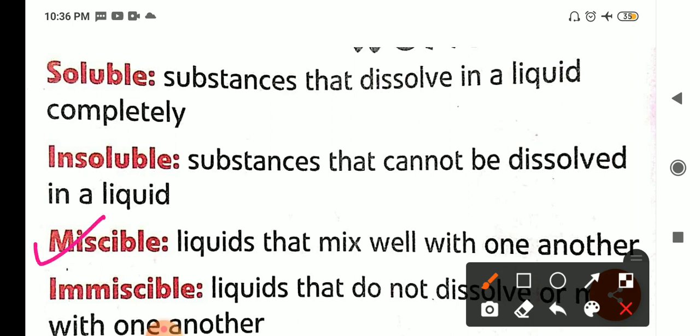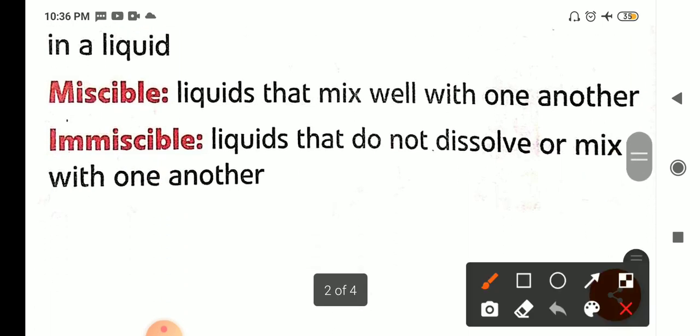The first is miscible. Liquids that mix well with one another are called miscible liquids. For example, water and lemon juice. And one more example I can give you is water and orange juice or any squash, right? Okay, now next term is immiscible.